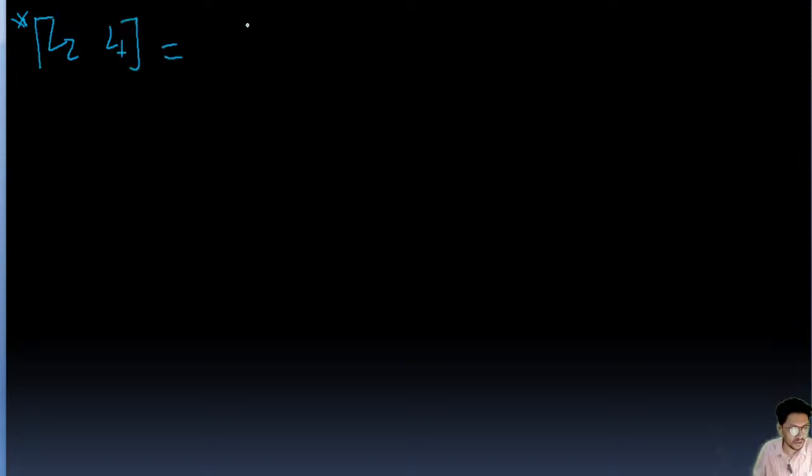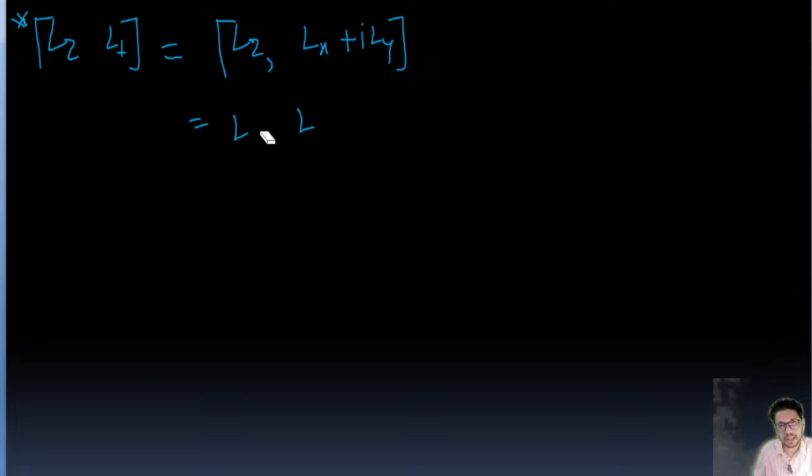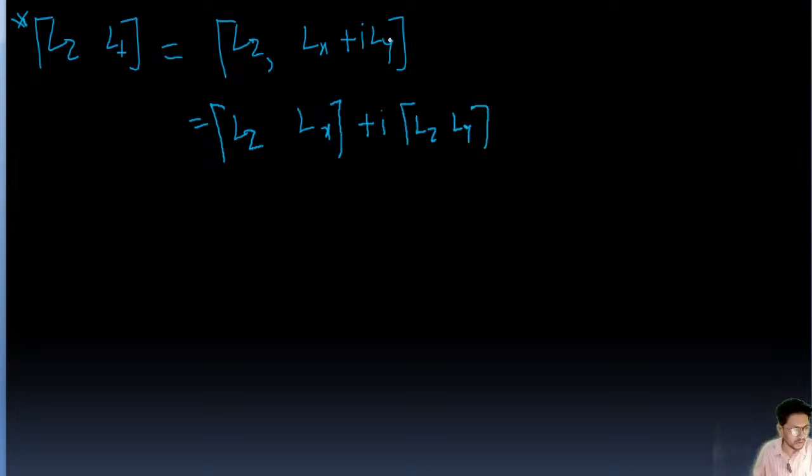So this is going to be simply Lz with Lx plus iota Ly, right? And then we use the commutation property. So this is Lz Lx commutation plus iota outside, Lz Ly. Lz Lx is in cyclic order, so it gives iota h cut Ly.